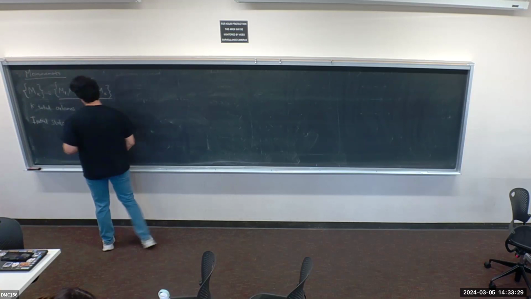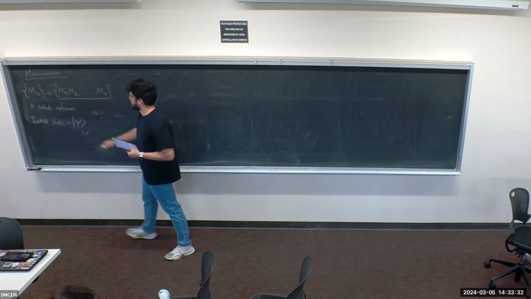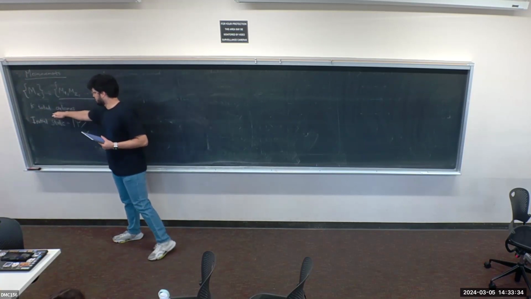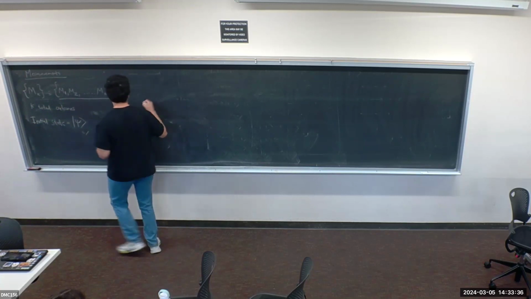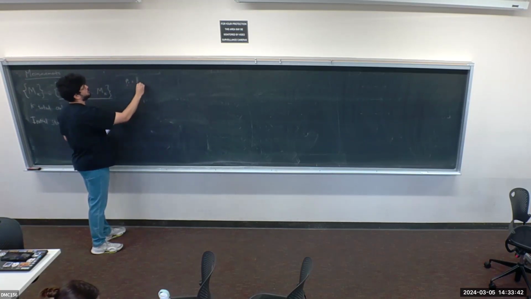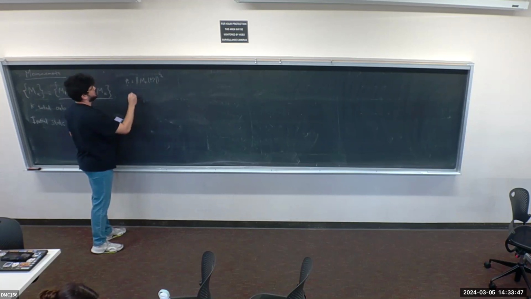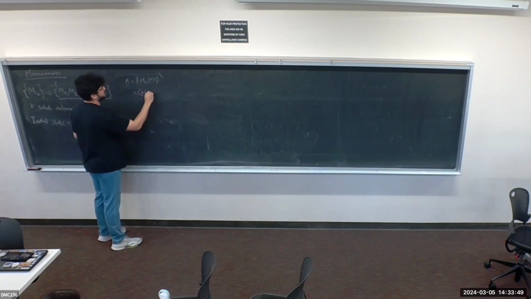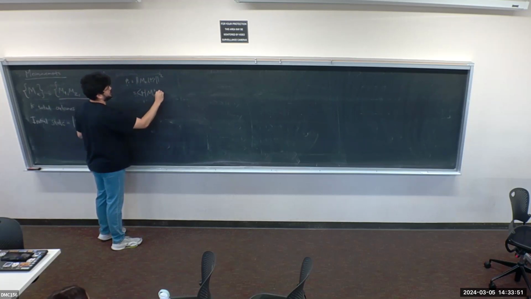Then the probability of getting the ith outcome from these k total outcomes would be: probability of ith outcome is the norm of M_i psi squared, which is psi M_i dagger M_i psi.